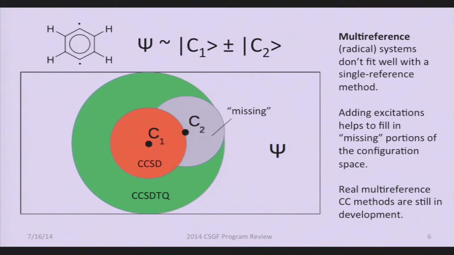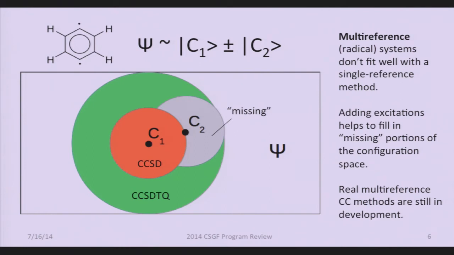So our wave function is sort of a linear combination of these two different dominant descriptions. And if you think of your wave function as this sort of space, and we're going to make it two-dimensional because our brains don't work in 40 or 50 dimensions like the problem really is, we can put C1 here, C2 here, and if we do a somewhat accurate coupled cluster calculation, it essentially describes the wave function well in this area around C1. The problem is that C2 already is two excitations.